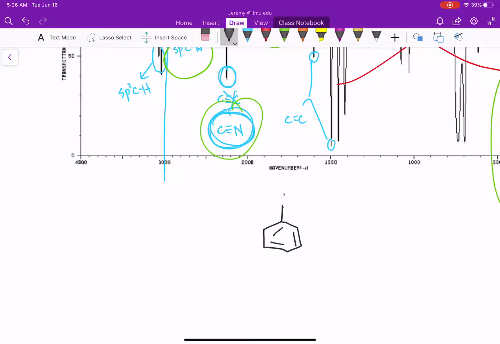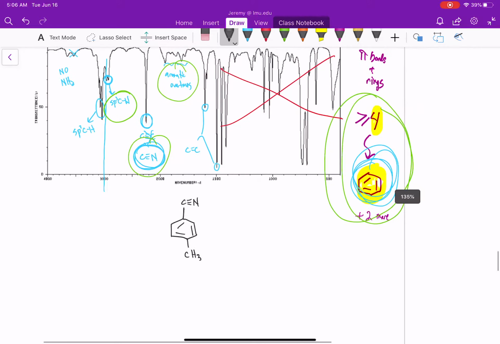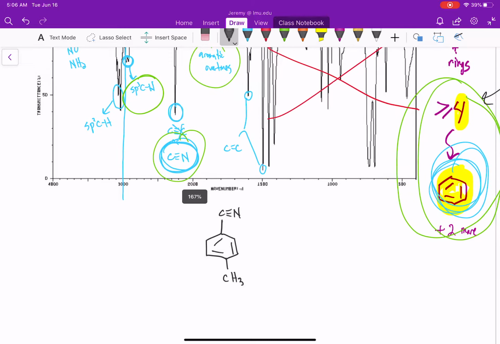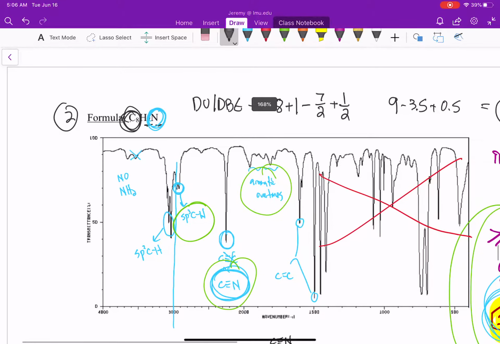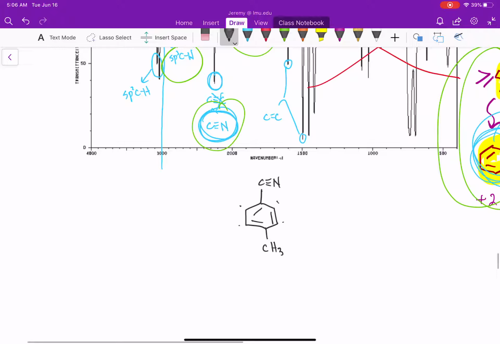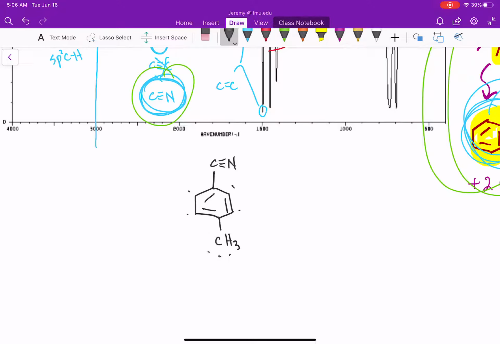So 1 carbon could be a carbon triple bond, the other one could be a methyl. So this is a structure that fits well. When you calculate your DBEs and follow that, you don't have to worry about the hydrogens, they'll match, right? This had 7 hydrogens. We have 1, 2, 3, 4, 5, 6, 7. So that fits. So this is a structure that works.